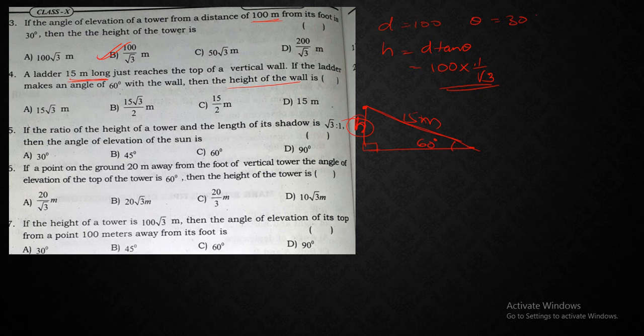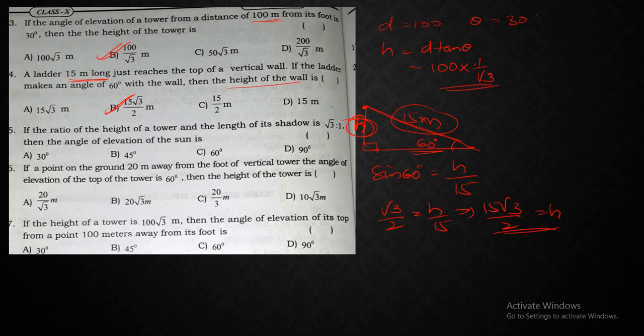With respect to this angle, height is opposite, and the ladder is hypotenuse. So we can apply sine 60 degrees. Sine 60 degrees is equal to height by 15, so root 3 by 2 is equal to h by 15. When you do cross multiplication, 15 root 3 by 2 is equal to height. So the answer is option B.